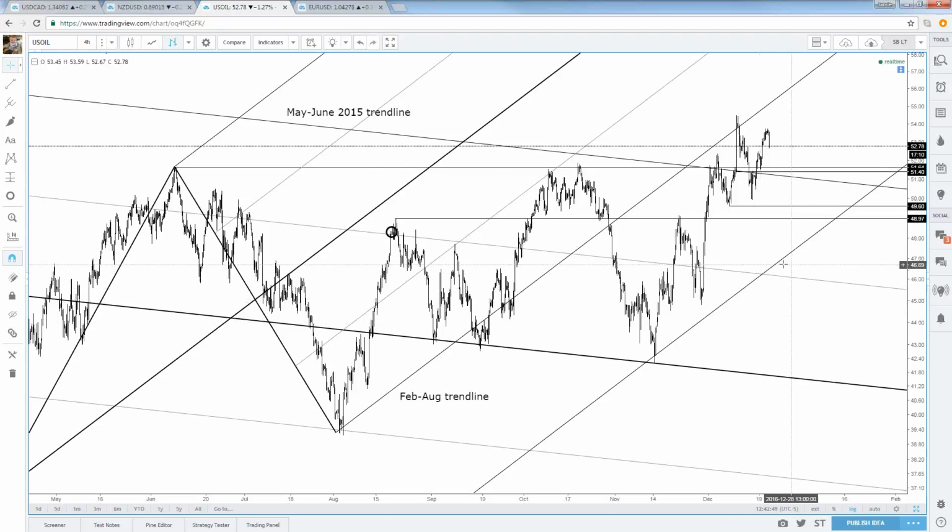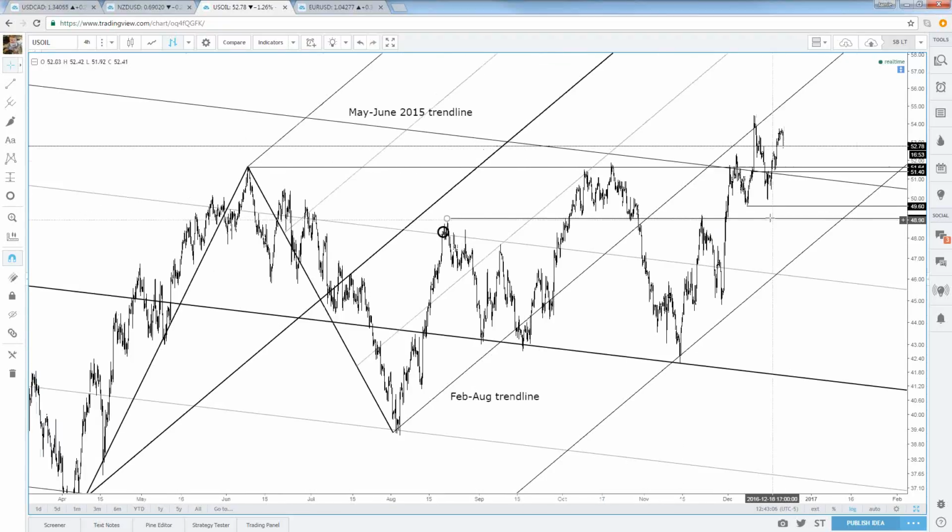The lowest I'd want to see crude at this point would be on this parallel, which if you fell straight in a line over the next 4 hours, you would be even above 46. So that's not going to happen. 49 is still a level to watch at this point.